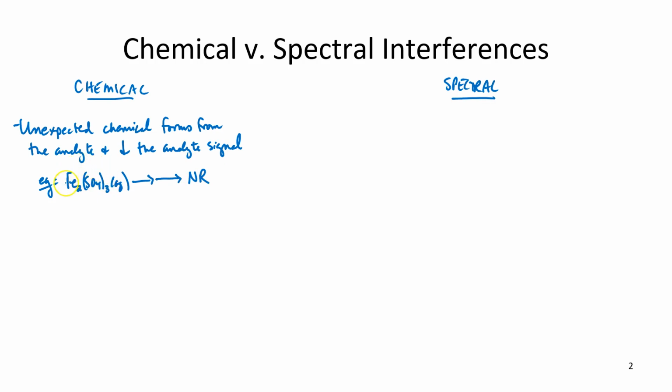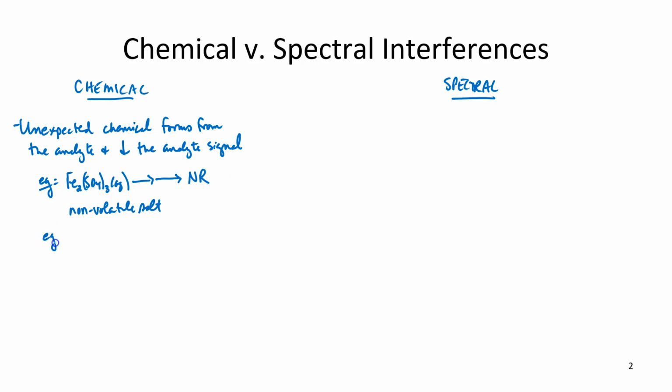This would be that unexpected chemical that formed from the analyte and something in the matrix that decreased our analyte signal. This is a chemical interference that we call a non-volatile salt. Not volatile, can't be atomized.